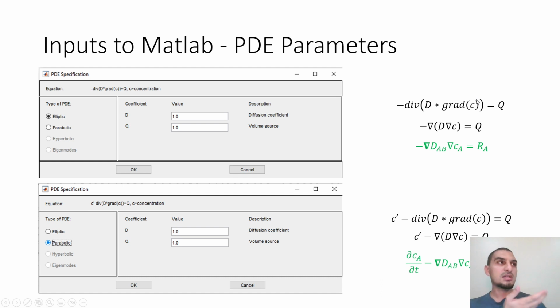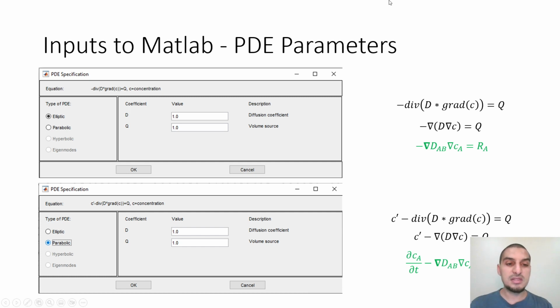One thing here is kind of confusing, is that some parameters are defined by symbols that are different from the symbols that we are used to.